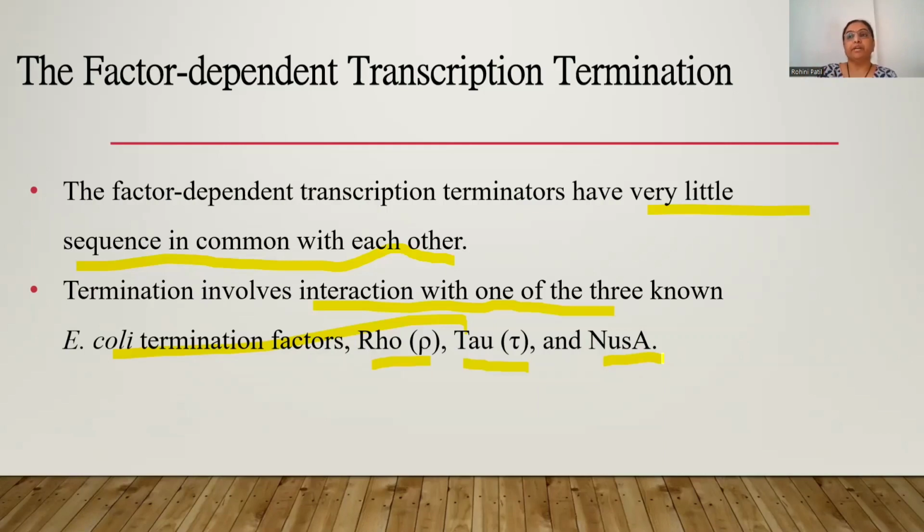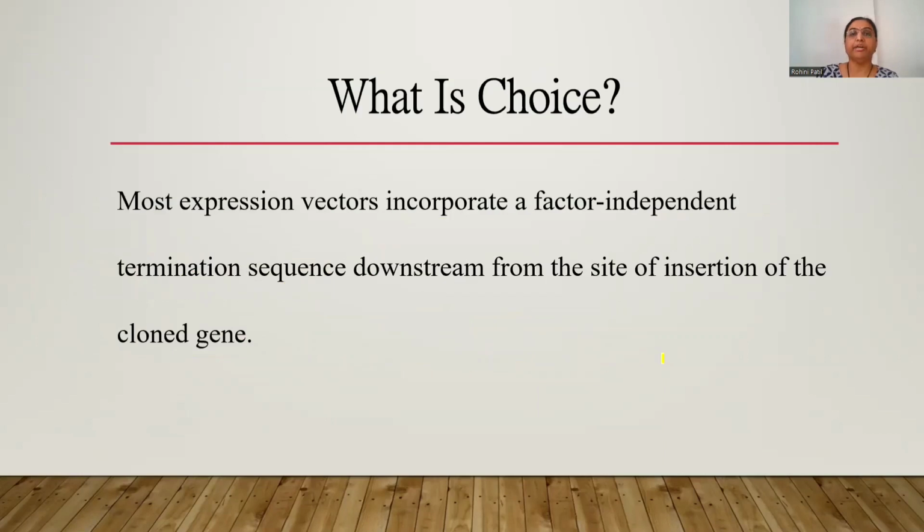So when we compare transcription termination with the factor independent, that is the intrinsic termination, and the factor dependent, that is the rho dependent termination, we observe that in the intrinsic termination the sequences are similar in the genes. So we can design the termination sequences easily when a foreign gene has to be expressed in E. coli.